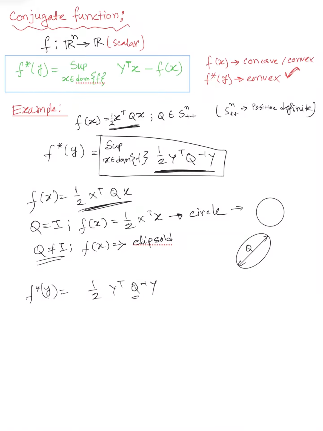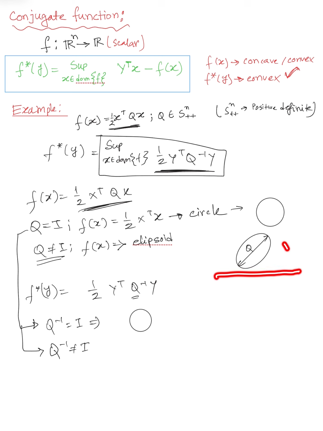If Q is equal to identity, then Q inverse is also identity, and then we can say that this is a circle again. But what if Q is not an identity? Then Q inverse is also going to create an ellipsoid, but different from the previous one.